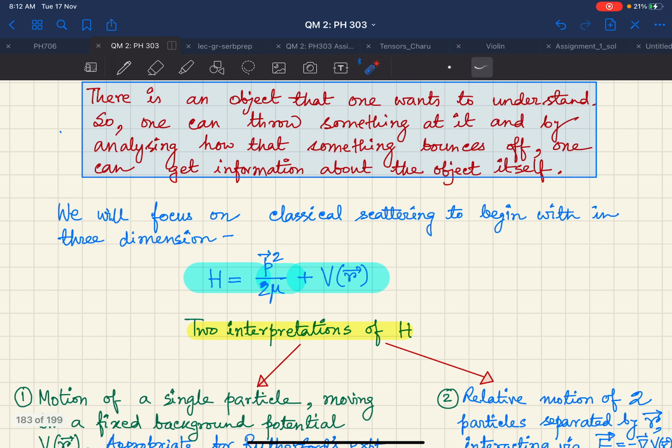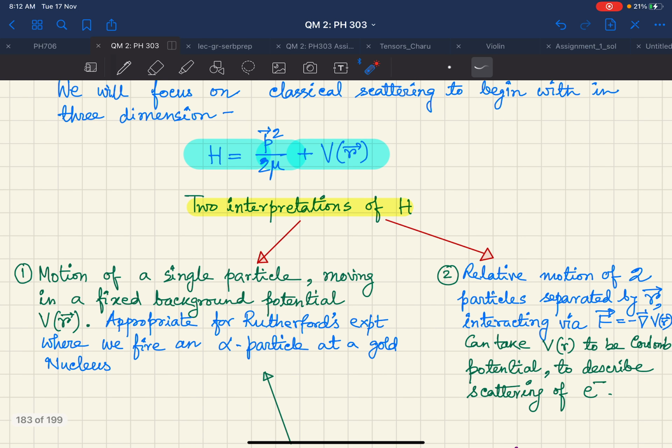Now you can have two different interpretations of this Hamiltonian H, which I have written here. One is that this represents the motion of a single particle which is moving in a fixed background potential V(r), and this kind of setting is basically appropriate for Rutherford's experiment, where you fire an alpha particle at a gold nucleus. All of you are familiar with Rutherford's experiment at your +2 level.